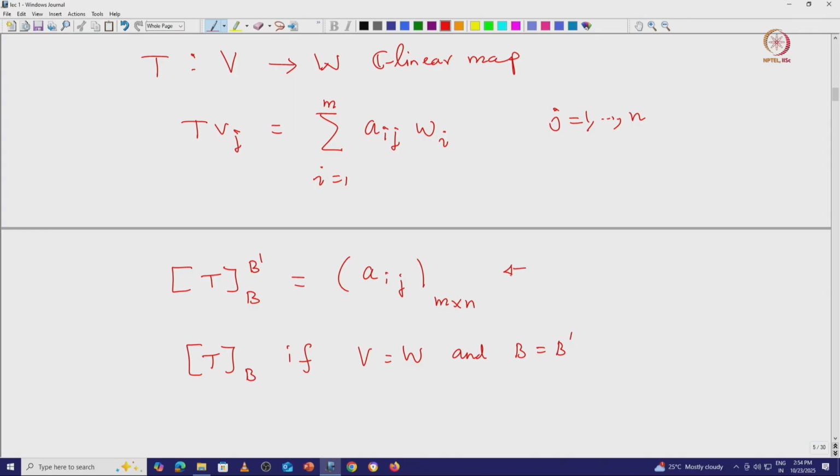This is called the matrix of T, or the matrix representation of T, with respect to the bases B and B dash.